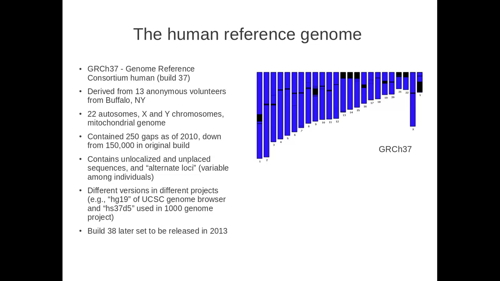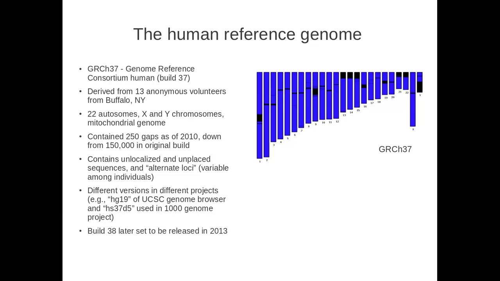So let me just give you an example of the human reference genome, GRCh37. This is the current build that people are working on. It's derived from 13 individuals from Buffalo, New York. It consists of 22 autosomes, sex chromosomes X and Y, and the little known mitochondrial genome, which is only about 15 or 16 kilobases.